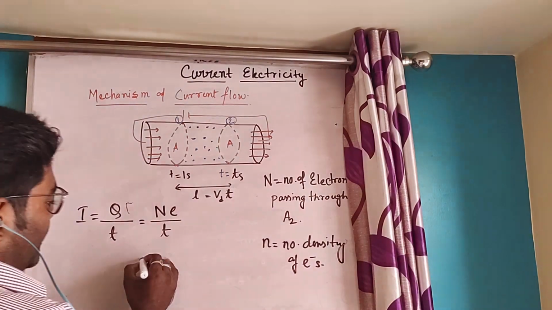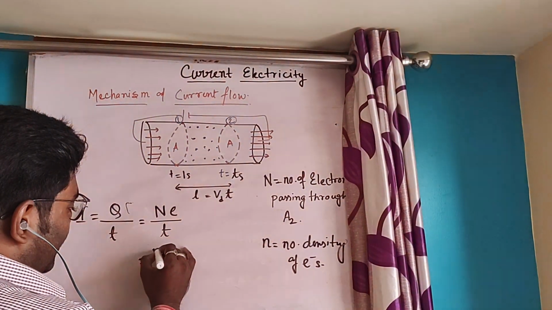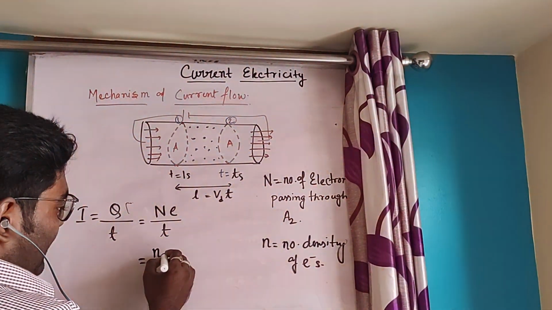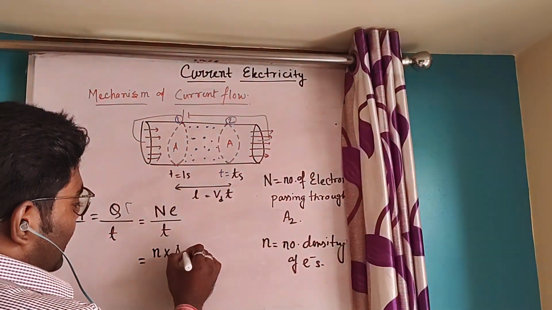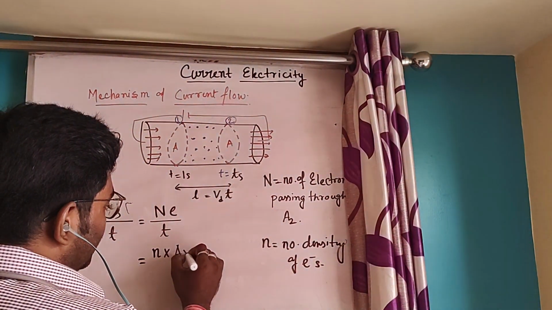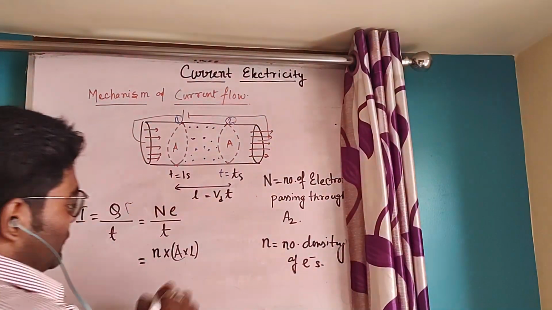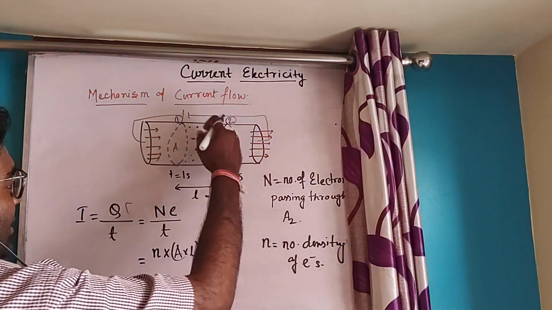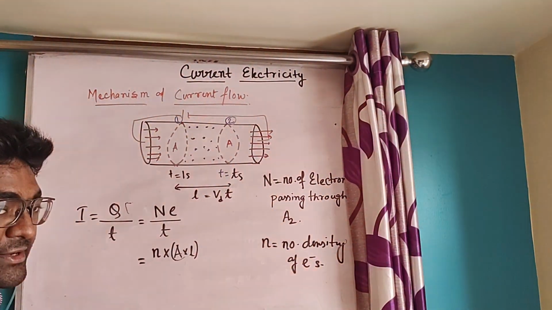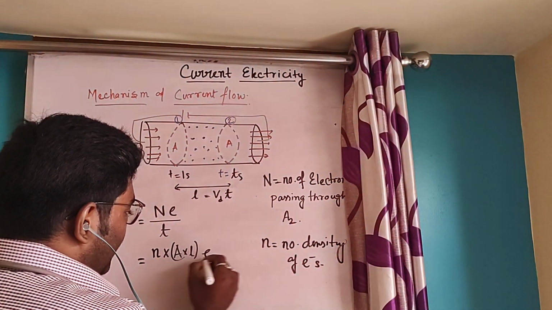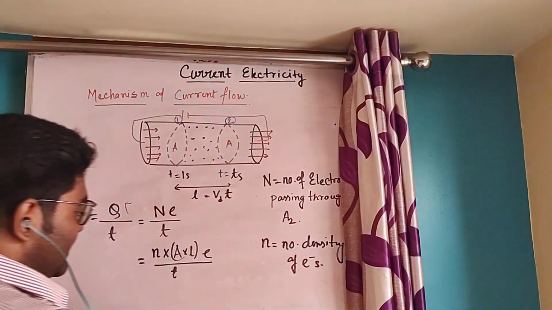So N equals number density into volume. What is the volume? Volume is area into L. This is the volume of this cross-sectional cylinder. Into e by t.